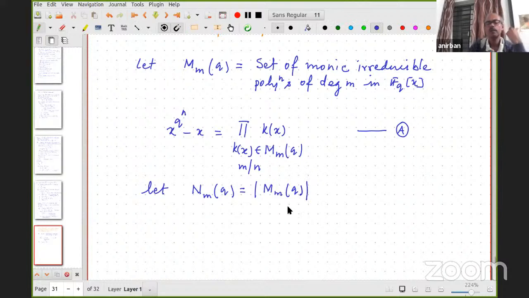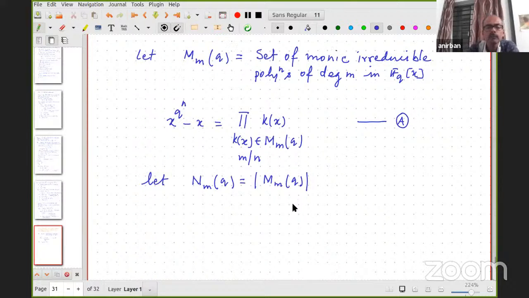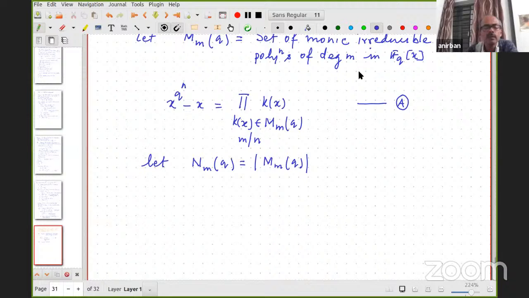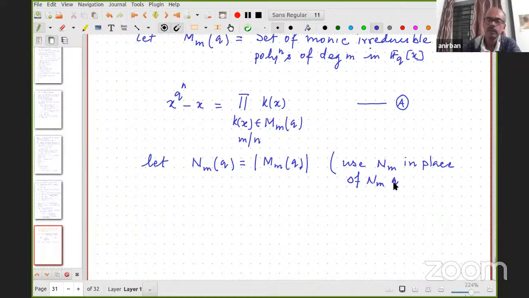If q is fixed, we can drop that as well and use N_m.